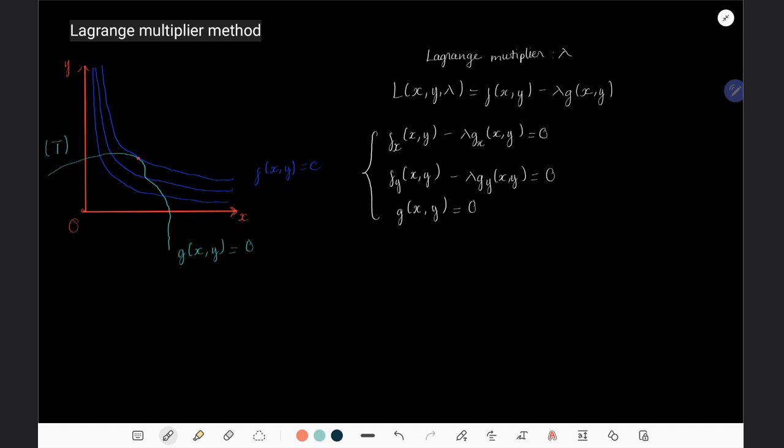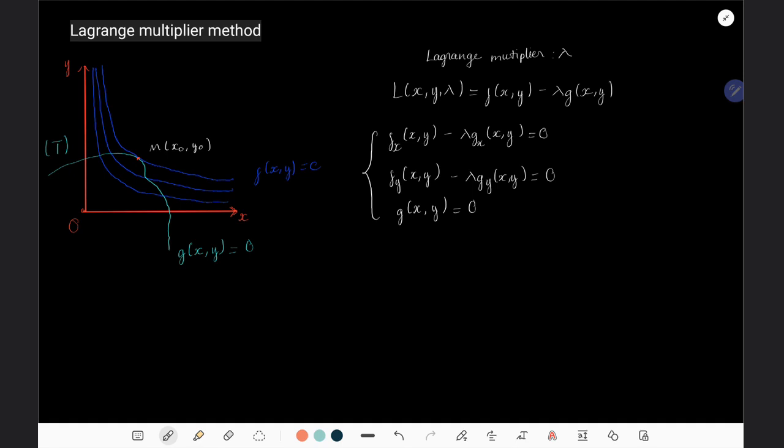Now, if we assume that f has a maximum or minimum value at a point M, x0, y0 on T, then this point must be a critical point of L. This is because if M is not a critical point, then we can move slightly along T in a direction that increases or decreases f, contradicting the assumption that M is a maximum or minimum.